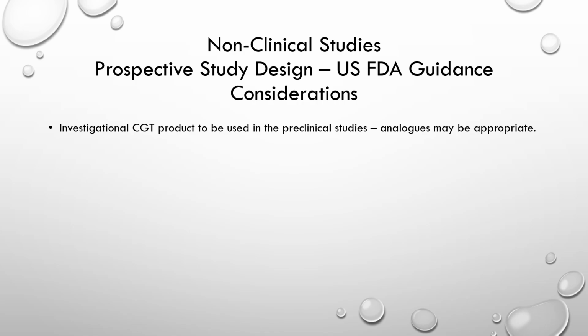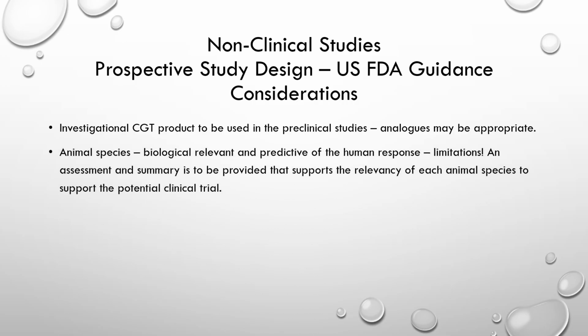Some cell and gene products intended for clinical administration may not be informative in animals. Maybe you might get some information, but if you have an immunogenic response, that's not going to give you any information, so the testing of an analogous product may be a suitable approach.